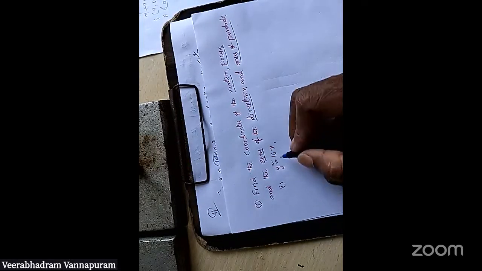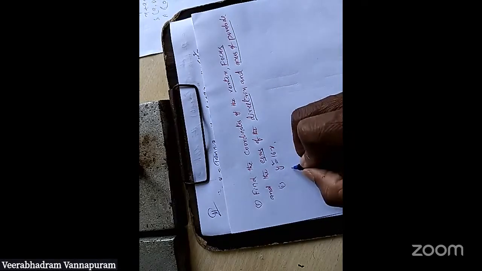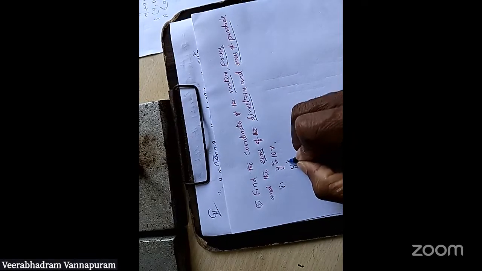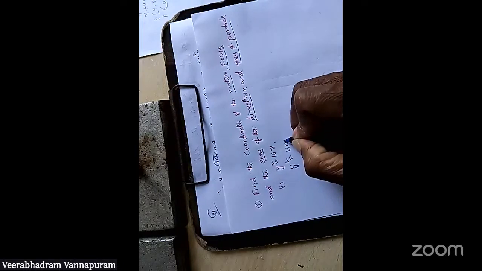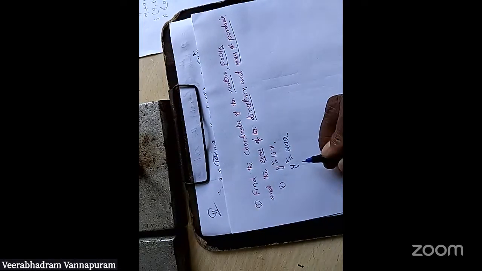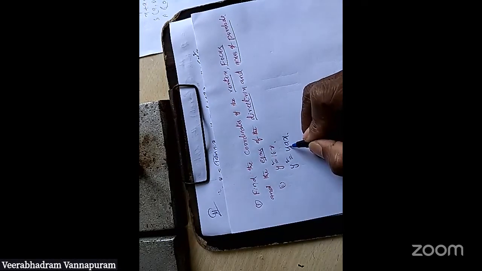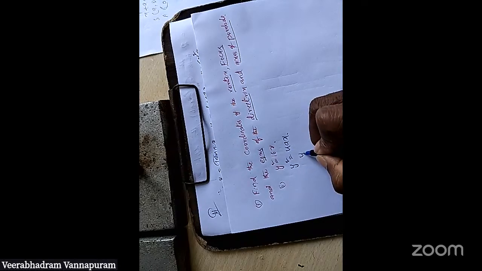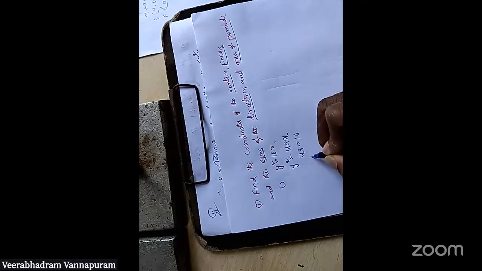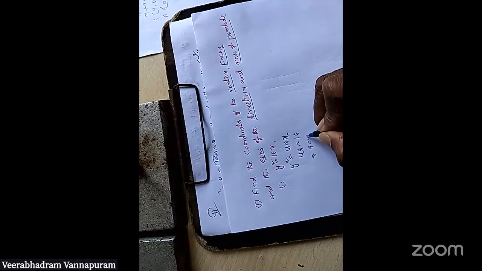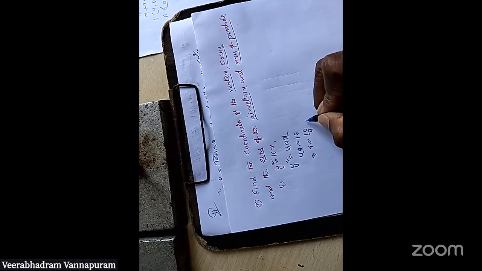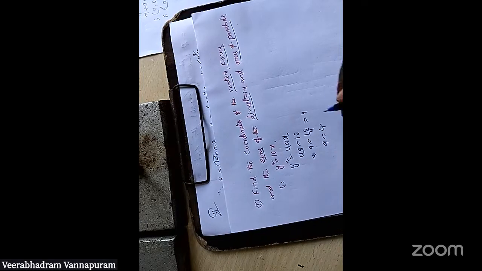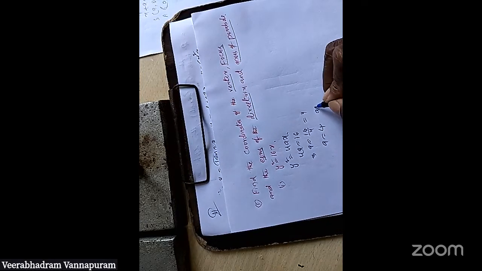So here we will compare this equation with the standard form y square equal to 4ax. So this is the equation of the parabola in standard form. By comparing these two, 4a is equal to 16. So from this, a equal to 16 by 4, that is 4. Here the a value is 4. Here a is greater than 0.